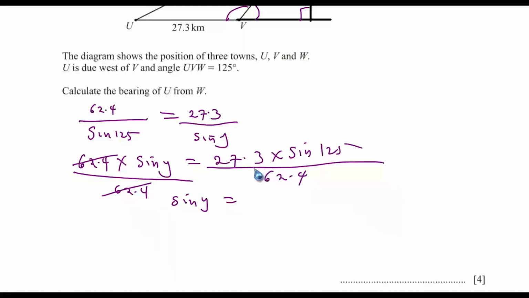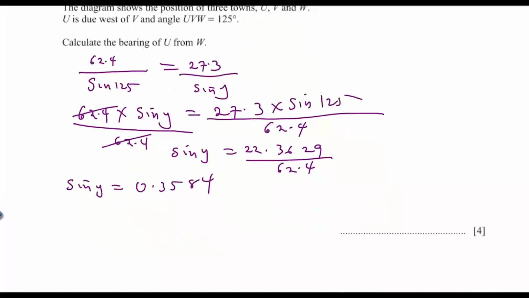So you can take your calculator and input 27.3 multiplied by sine 125. That will give you 22.3629, then divided by 62.4. If you proceed, you will get sine y equals 0.3584.